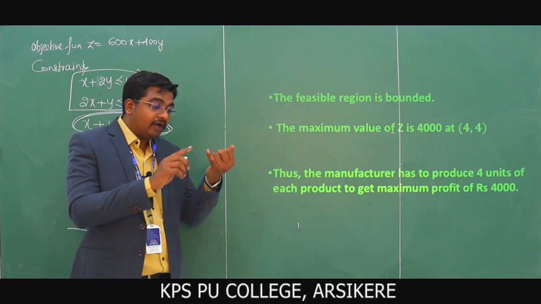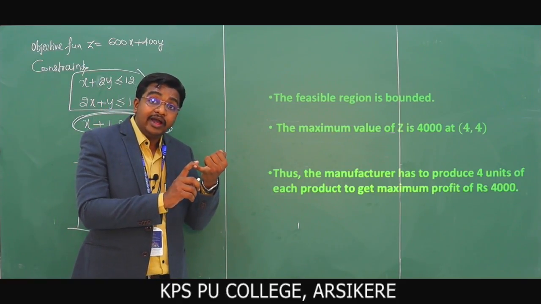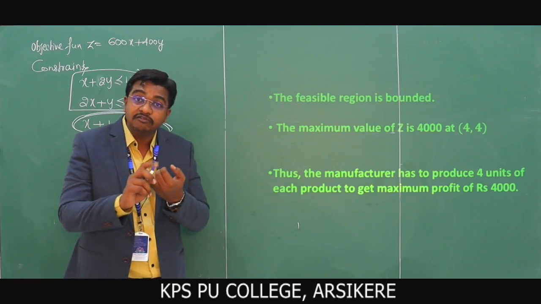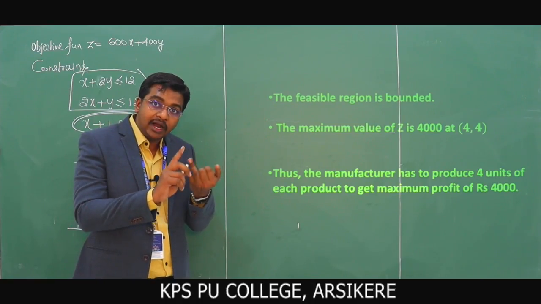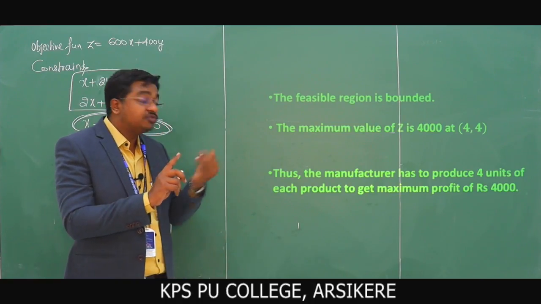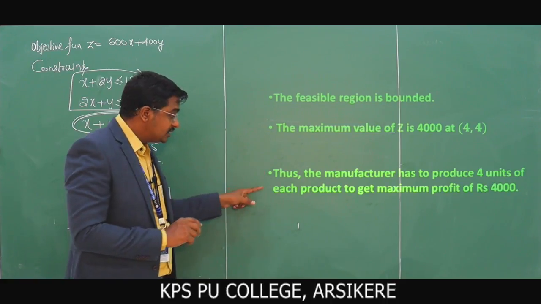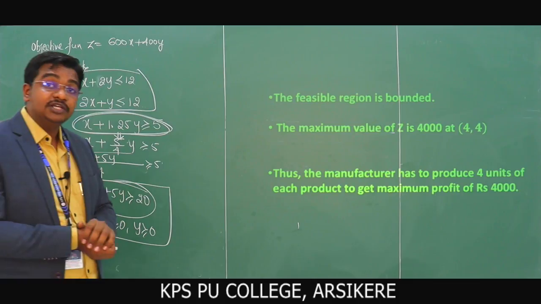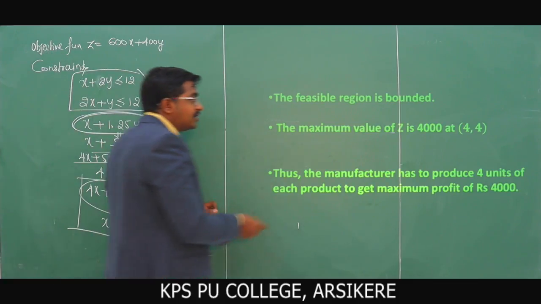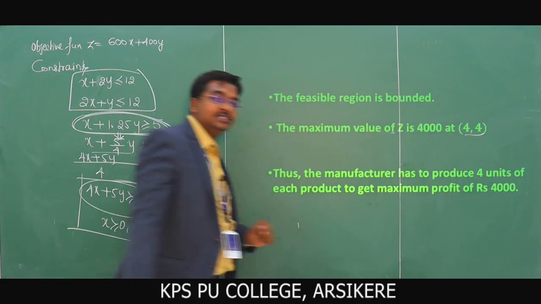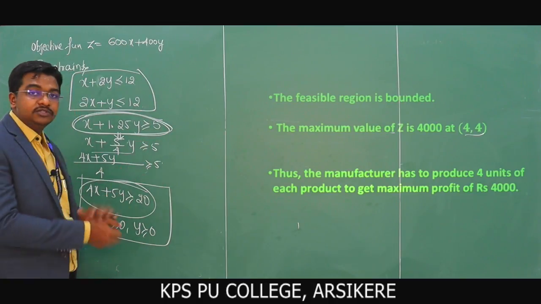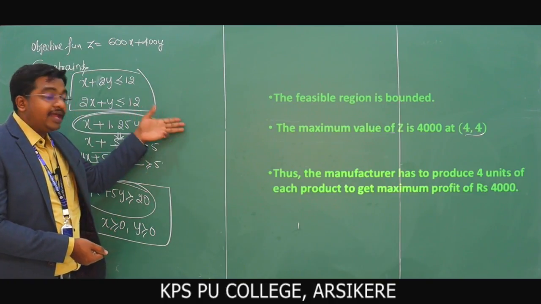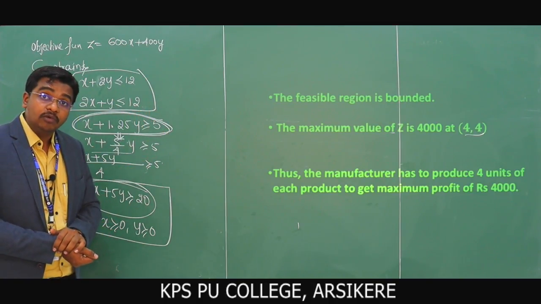It means they have to produce 4 items of M and 4 items of N, each 4 units, and then we get the maximum profit of 4000 rupees. Solve these problems; example 9 and example 10 are the homework problems.